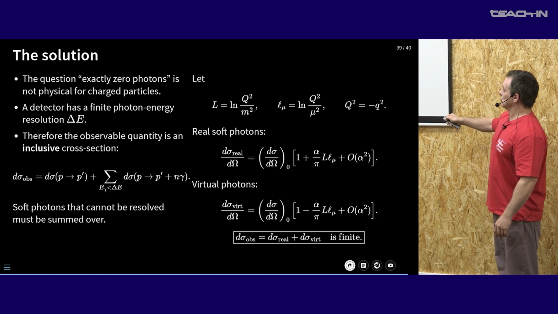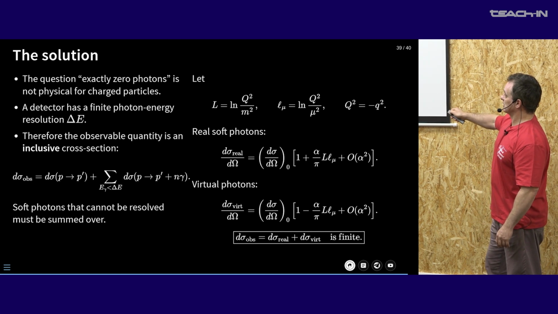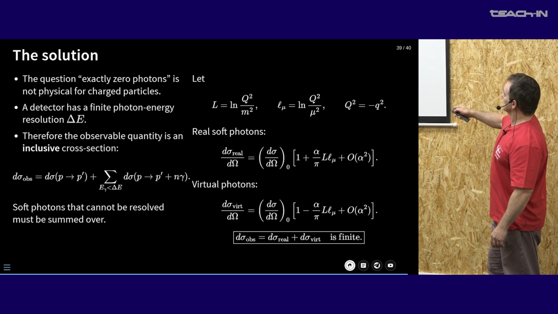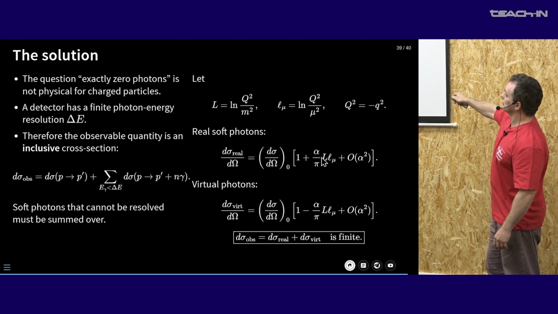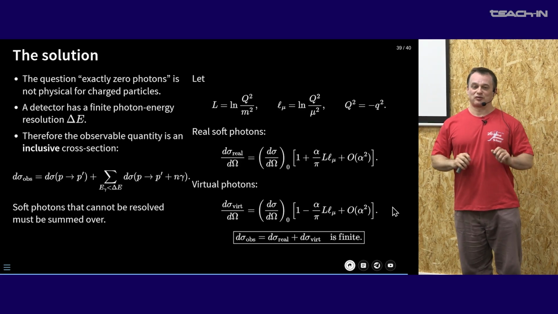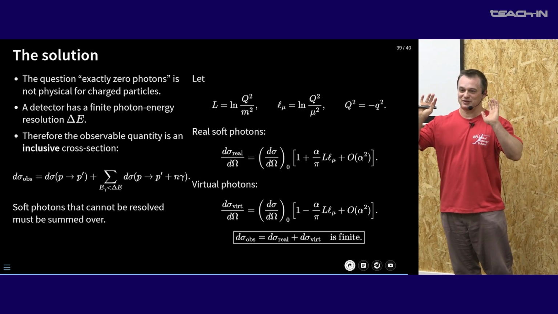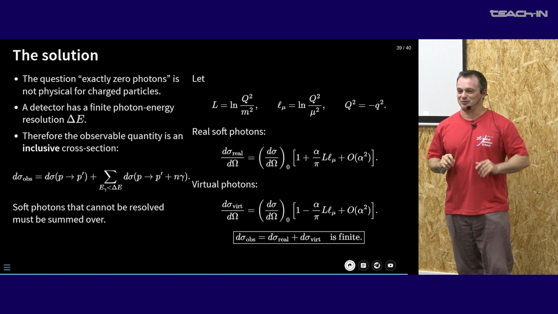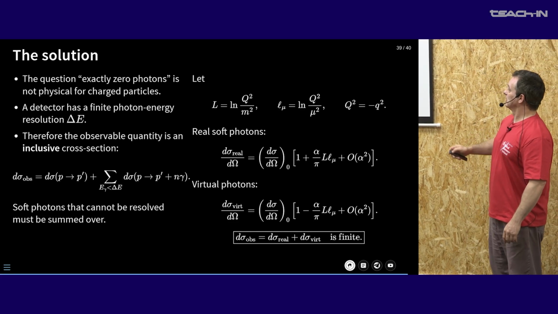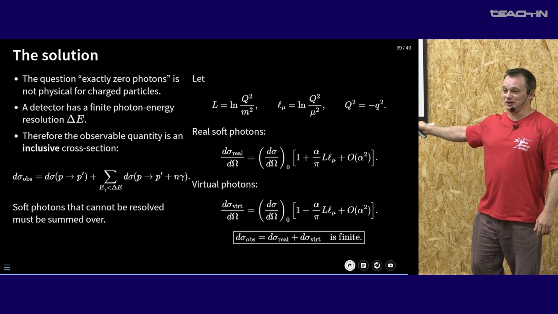You have some standard cross-section times a series in powers of alpha, the electromagnetic constant, with two functions, L and L mu, which are just logarithms of these quantities, where m is the mass of the proton and mu is some renormalization scale. If you are not familiar with what renormalization means, don't think about that. It's just some parameter. And what is bad is that this is divergent again.